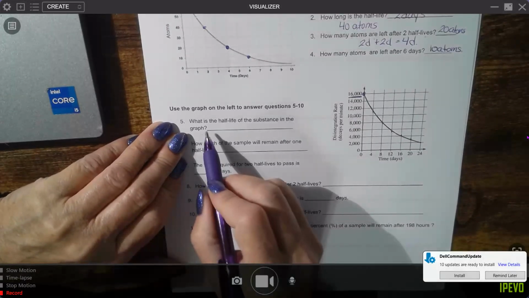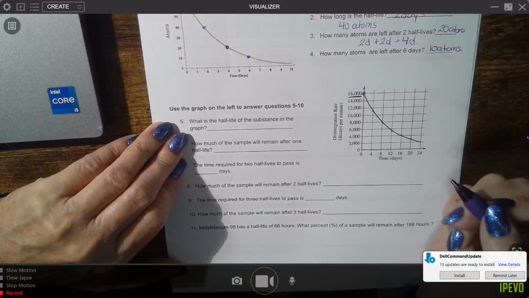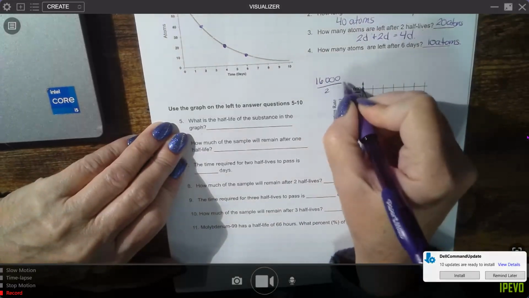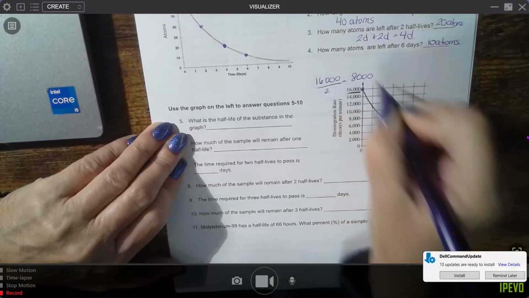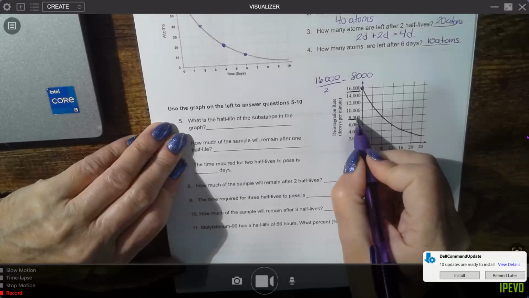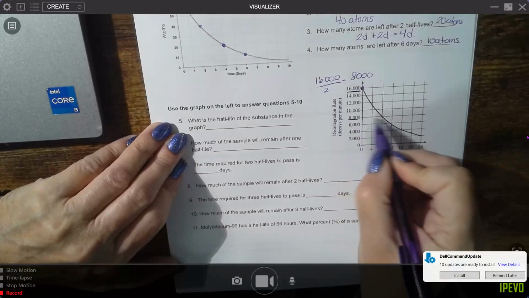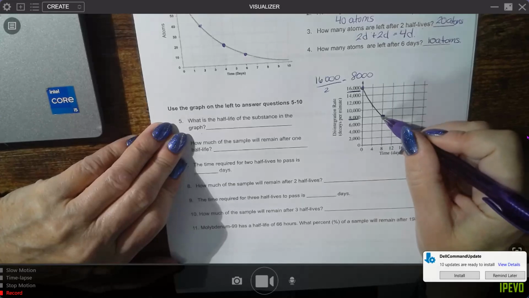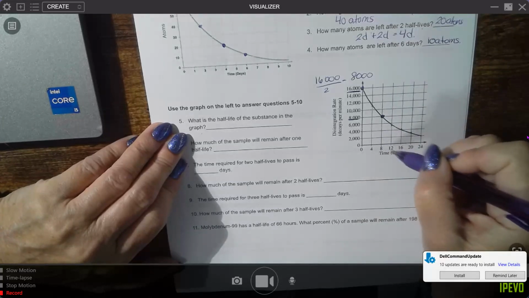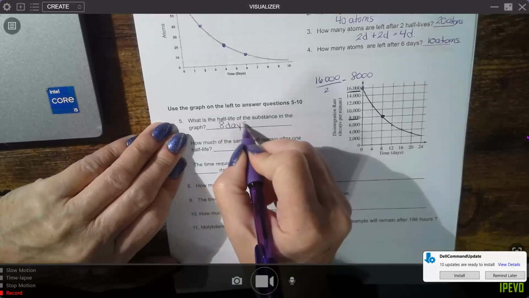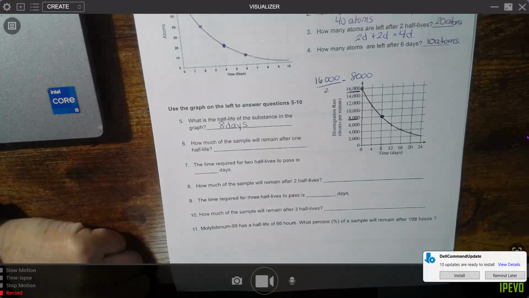What's half of 16,000? 16,000 divided by 2 would be 8,000, right? So the half-life would be the time it takes to get down to only 8,000 atoms left. So if I plot that point on the graph and go down, that is going to be 8 days. So the half-life of this substance is 8 days.